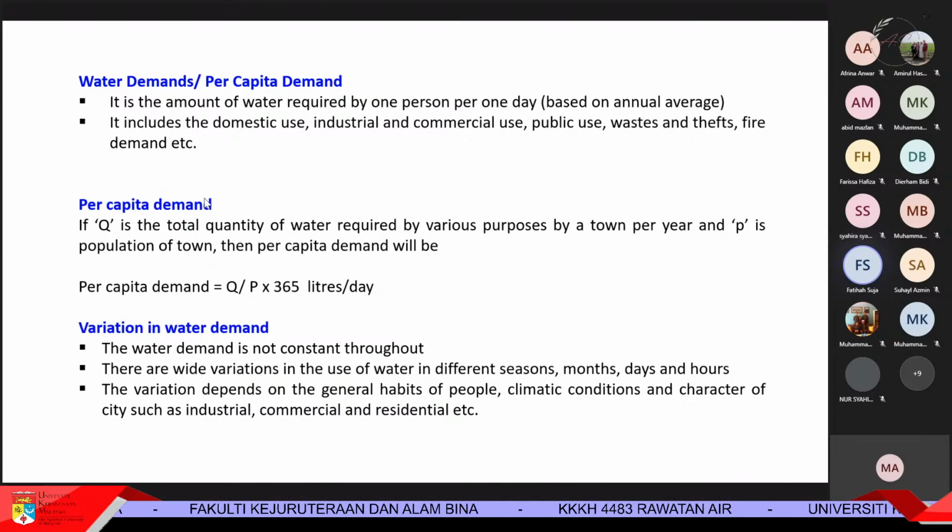How much? What is the per capita demand for Malaysia? Any of you know? You have taken many water classes, right? What is the per capita demand for Malaysia?